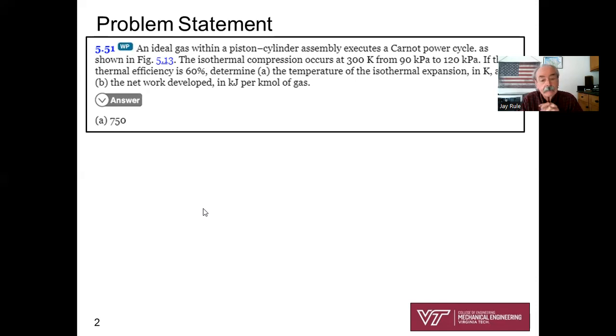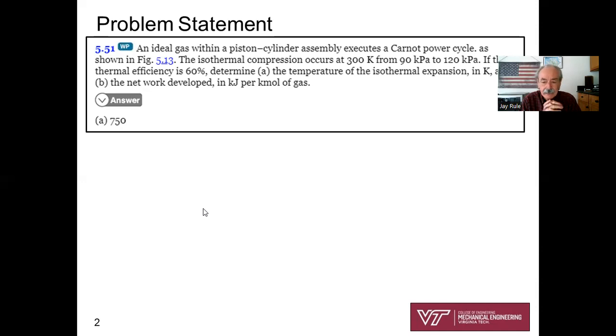Here we go. An ideal gas within a piston and cylinder executes a Carnot power cycle. That's key, Carnot power cycle. Shown in figure 5.13, we'll go get that screenshot. The isothermal compression process occurs at 300 K from a pressure of 90 kPa to 120 kPa.